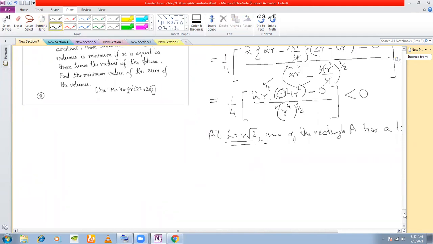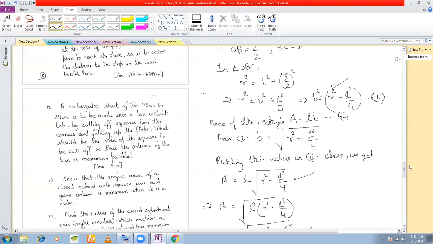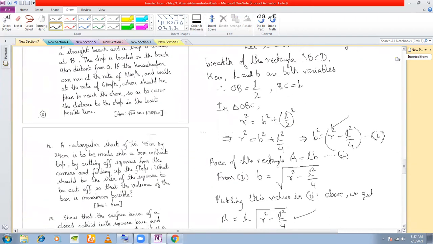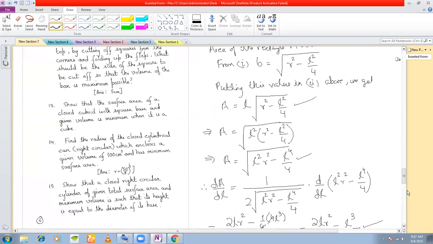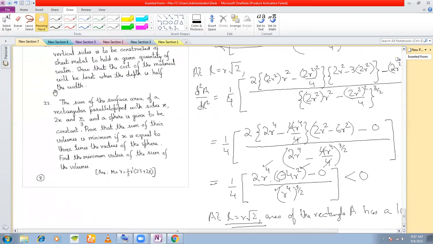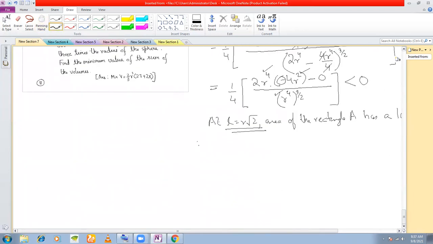Now you need to get the breadth. How will you get the breadth? Use this relation, number one, or you can use this one also. Okay, so let's use one. From 1, b square is equal to r square minus l square by 4.